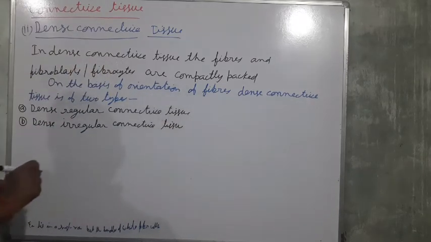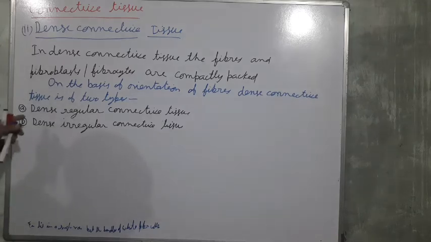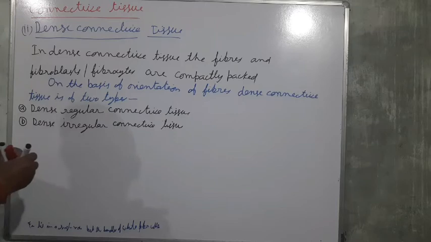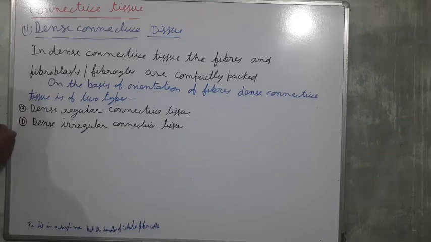So it is of two types. One is dense regular connective tissue and other is dense irregular connective tissue. So we will discuss them one by one. First we are studying dense regular connective tissue.